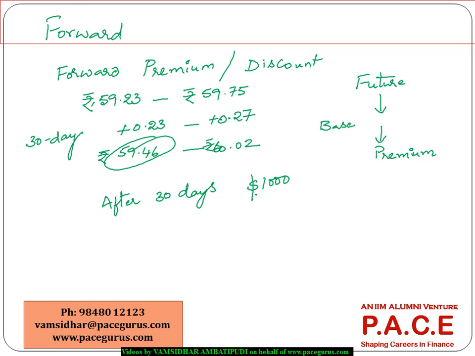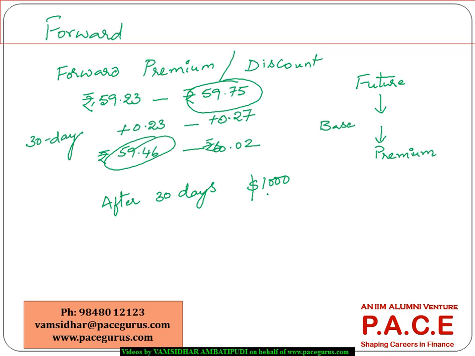So today I don't want to buy. If I want to buy $1,000 today, probably I could have paid 59.75 rupees per dollar and I could have bought the dollar. But I don't want it today. I want to buy it after 30 days. So I want to buy $1,000 after the 30-day period.